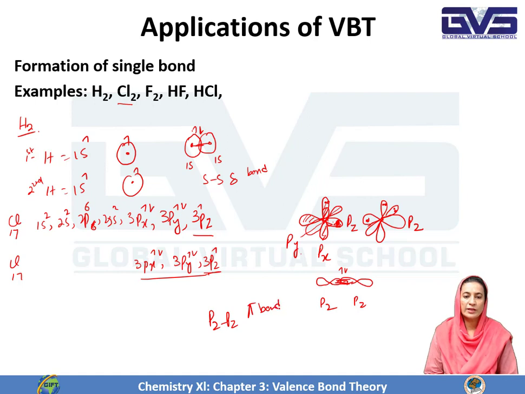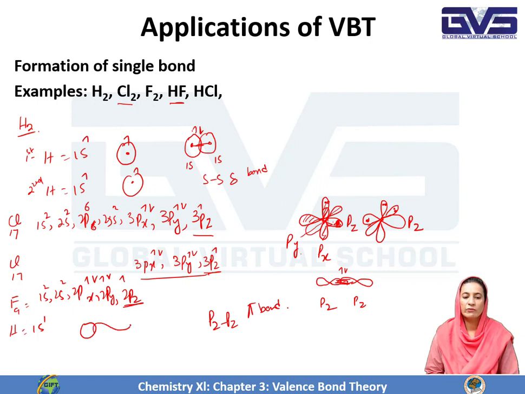Now what about HF? Fluorine has atomic number 9: 1s2, 2s2, 2px, 2py, and 2pz, totaling 9 electrons. So it also has one partially filled orbital, so it will form a single bond. And hydrogen is 1s1. So this is the s of hydrogen and the pz of fluorine.